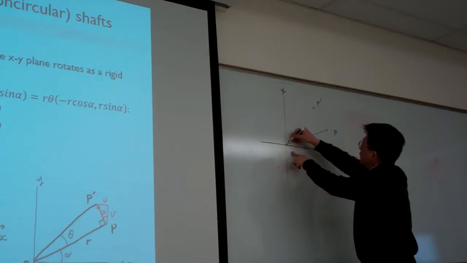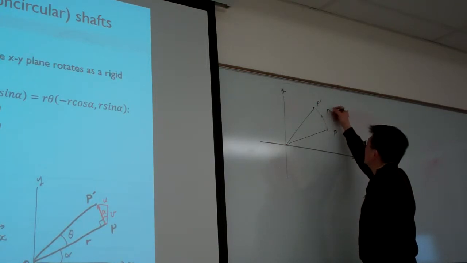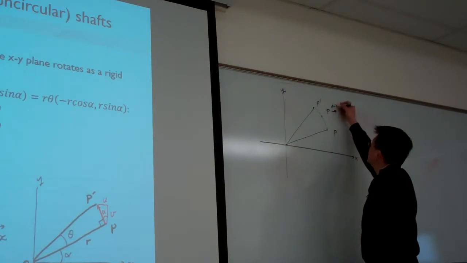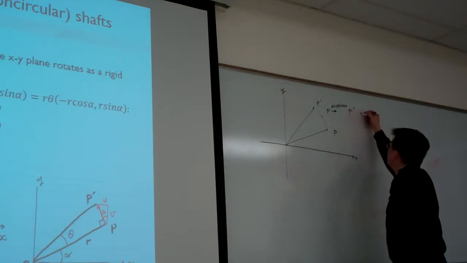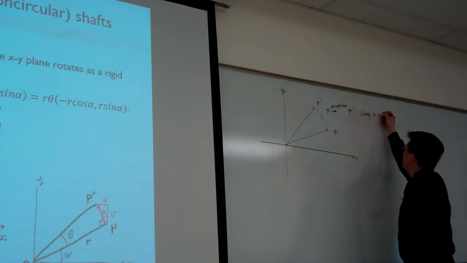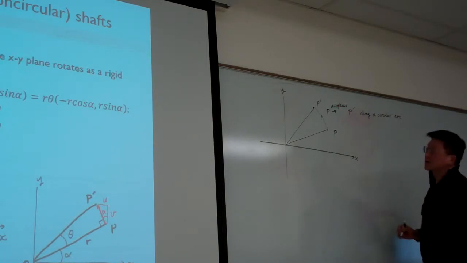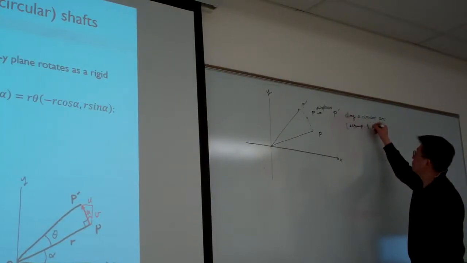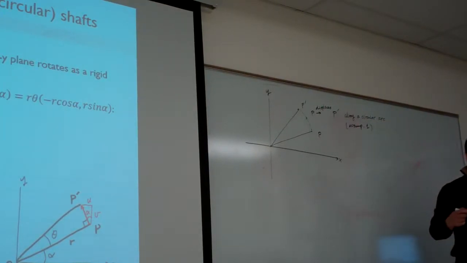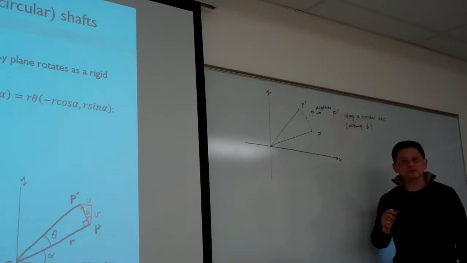So P is displaced to P prime along a circular arc, based upon our assumption one on rigid body rotation. Without assumption one, it would be a little bit harder to start.